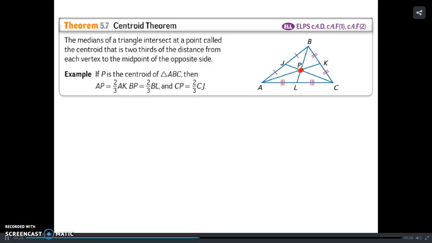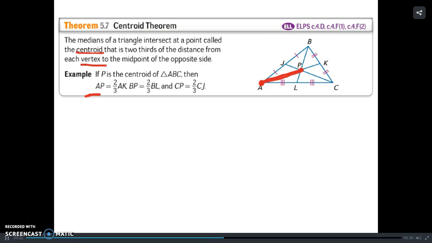And we are told then that if you have the 3 medians intersecting, and they intersect at the centroid, that from the vertex to the centroid, and that's really important, from the vertex to the centroid, is going to be 2/3 of the total distance of that median. So it's really important. You have to start at the vertex end, and you are going to the centroid.